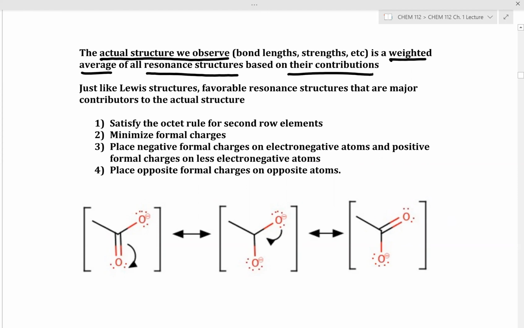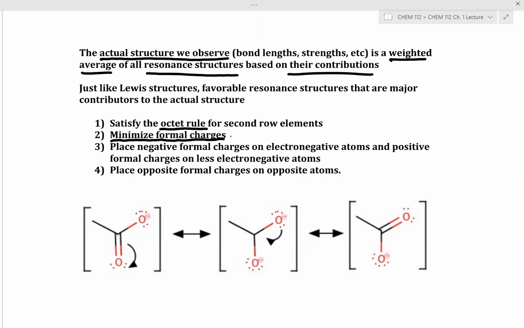And as we've discussed previously, just like Lewis structures, we can assess the contribution of a resonance structure by looking at, for example, whether the octet rule is satisfied. That's first and foremost. Whether we are minimizing formal charges is almost equally important. The octet rule wins out when you talk about carbon-centered species.